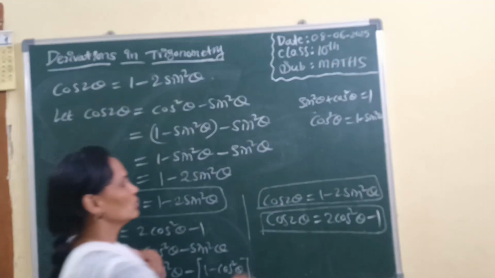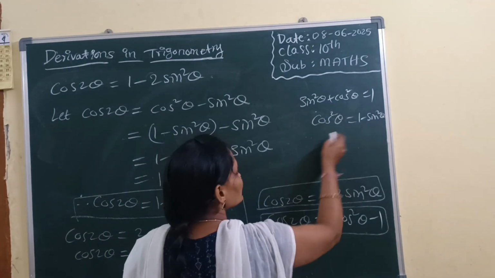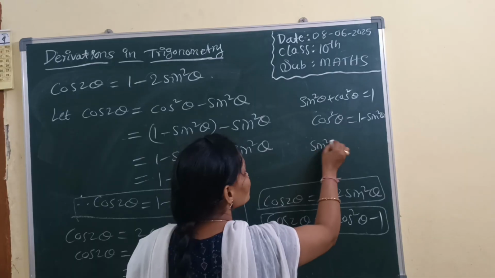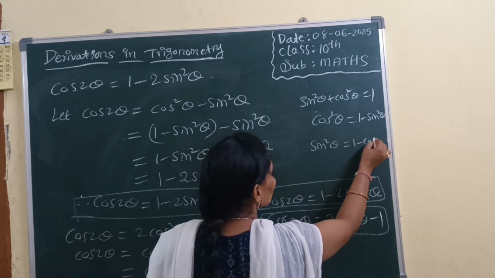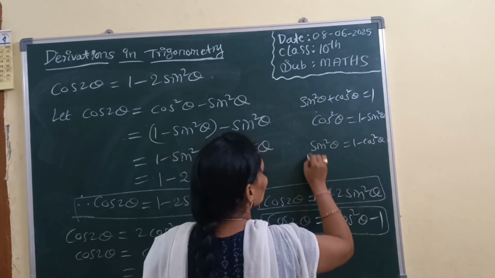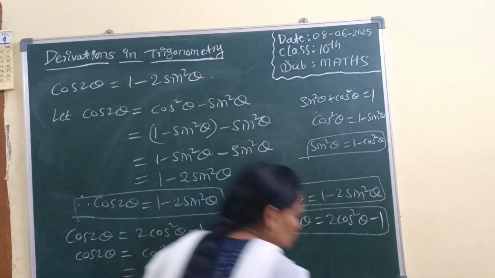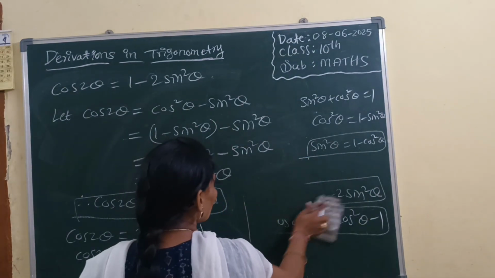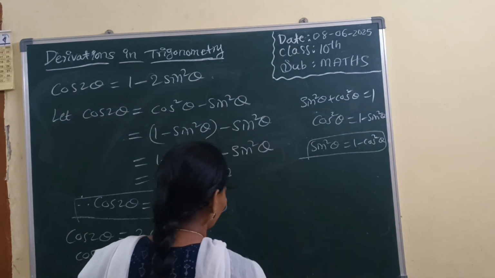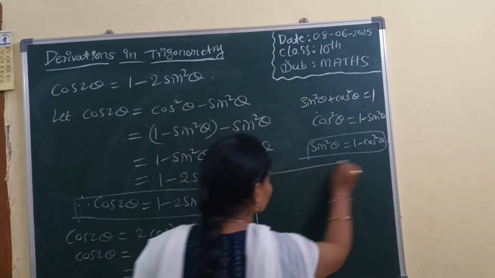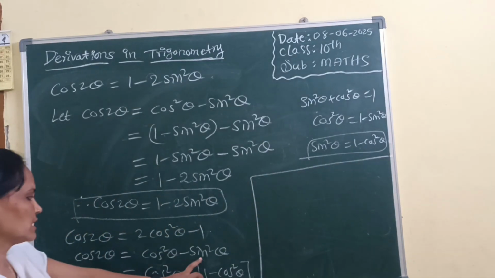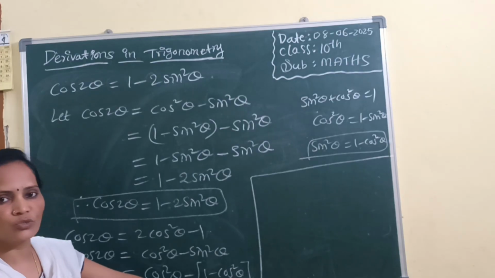Okay, from here only. Cos square means 1 minus sin square. Sin square theta means 1 minus cos square theta. Okay. Now you can substitute in the place of sin square. Then you will get, see, in the place of sin square, 1 minus cos square I am applying.